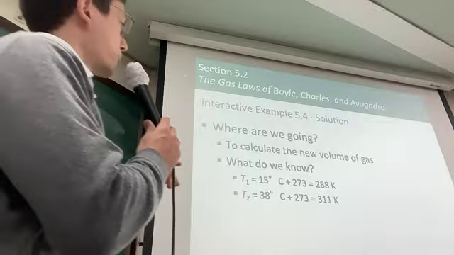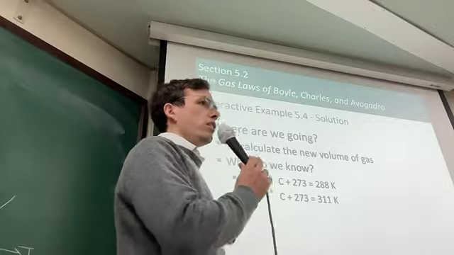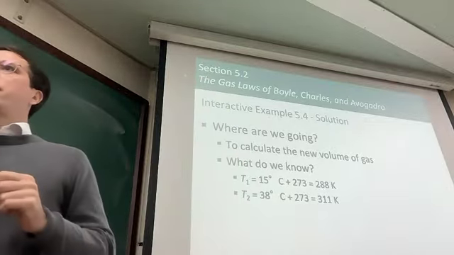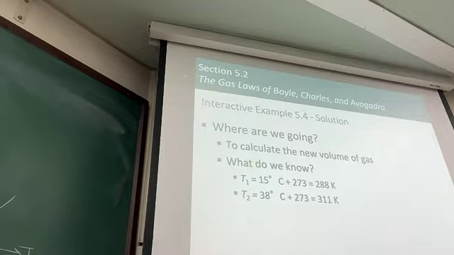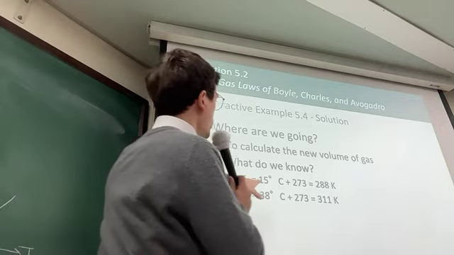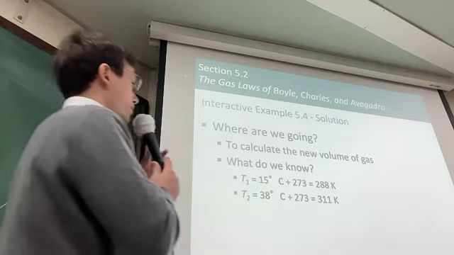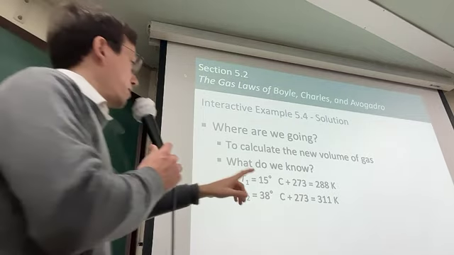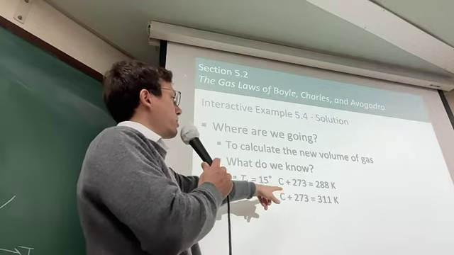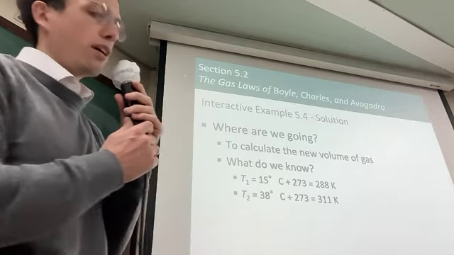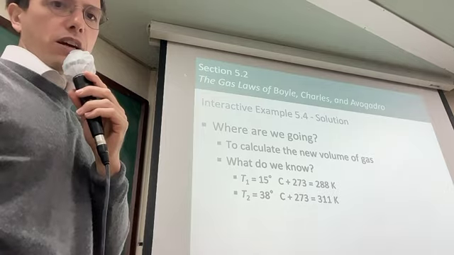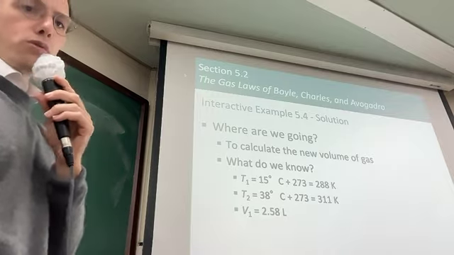We first convert degrees Celsius to Kelvin, because it turns out that Kelvin is the SI unit. So you should always use Kelvin and Pascal. Yeah? So 15 degrees Celsius plus 273 is 288 Kelvin. And 38 degrees Celsius plus 273 is 311 Kelvin. So these are the temperatures you should use.